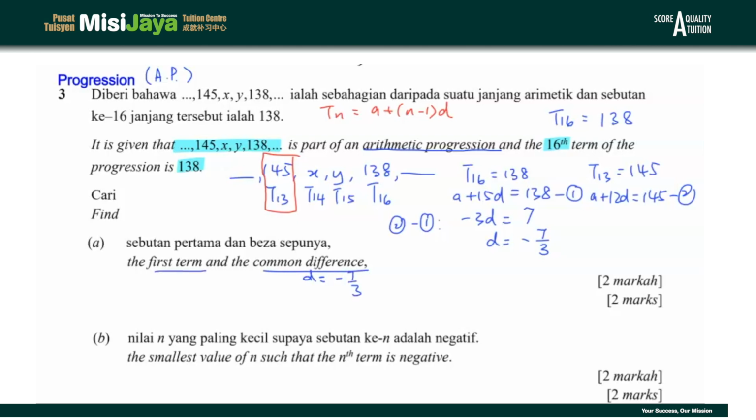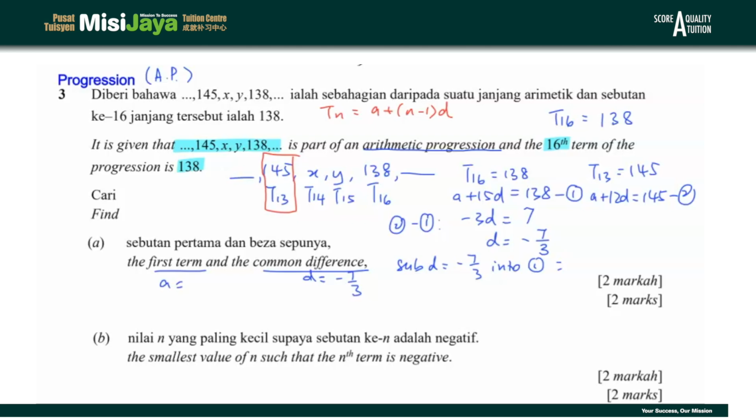Now we have to find our first term. So A is what? Now I'm going to substitute D equals negative 7 over 3 into either equation 1 or 2, then I will get my A. Let's say I'm going to sub D equals negative 7 over 3 into equation 1, for example. Either one, I will get the same answer.